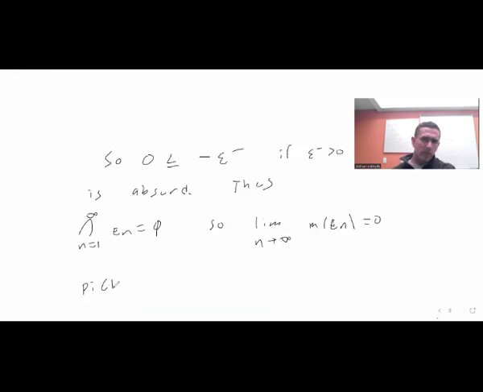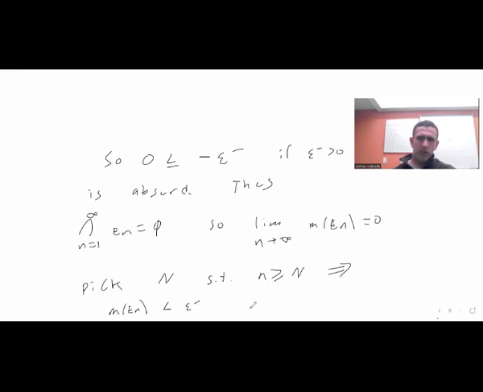Okay, so we're actually almost done. Pick big N, where little n bigger or equal to big N gives me that the measure of E_n is less than epsilon prime.